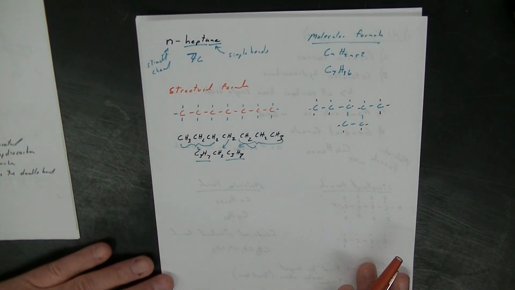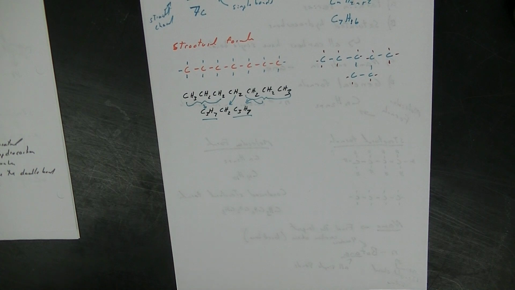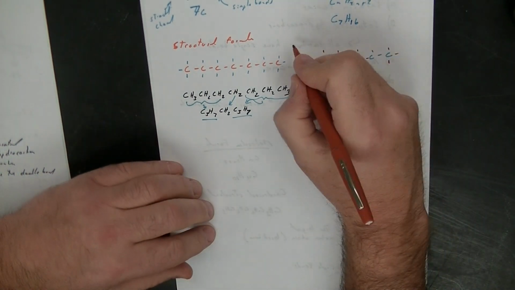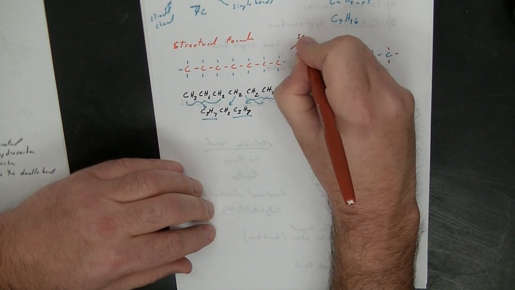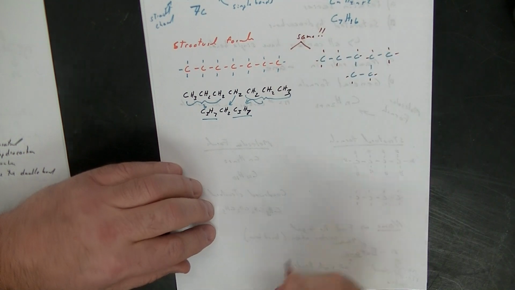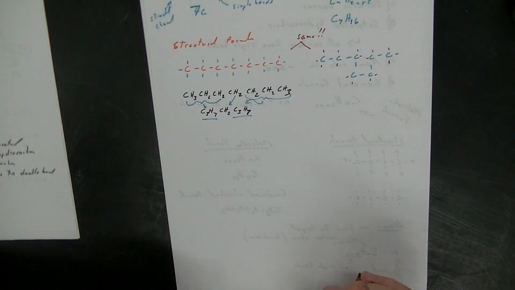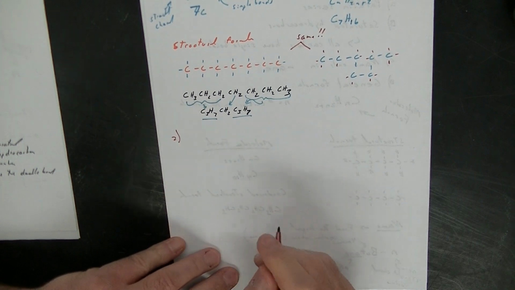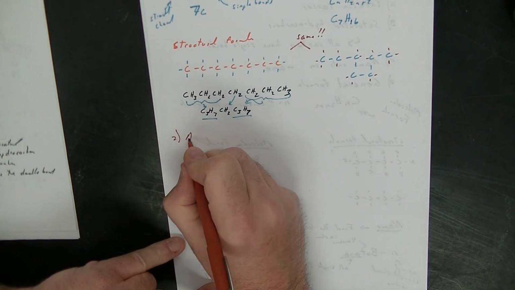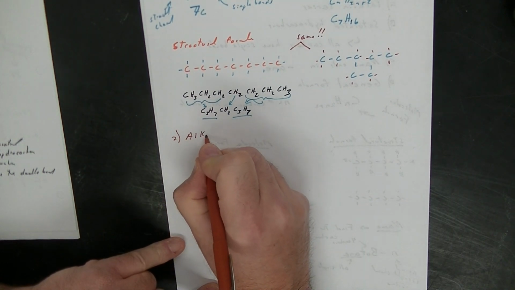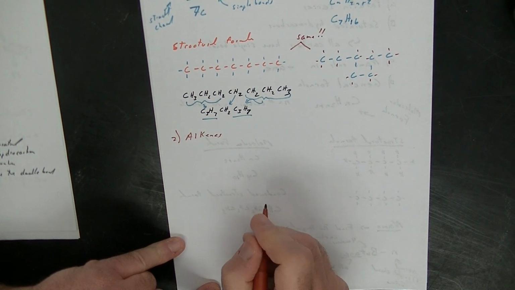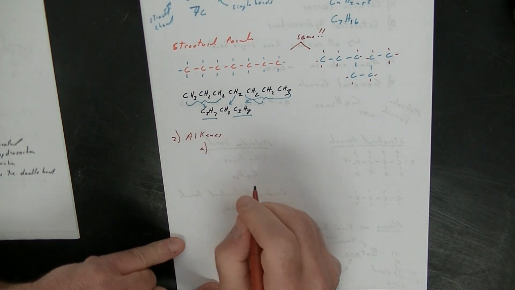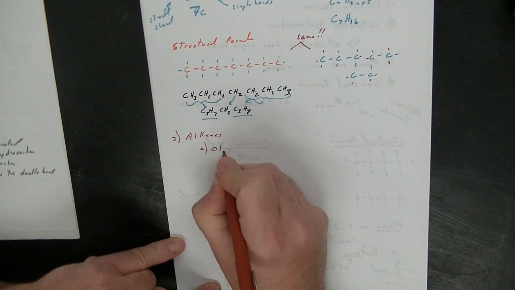Good. So let's talk about our second homologous series. Let's write this. These are the same. All right, so our second homologous series that we're going to talk about are the alkenes. These are also called the olefin series.